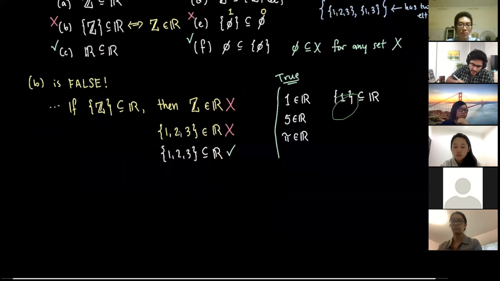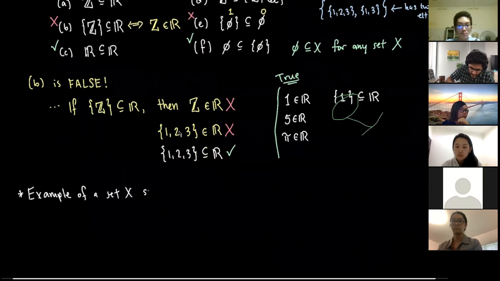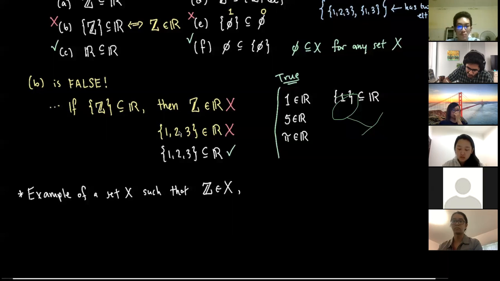Can somebody give me an example of a set X such that Z is an element of X and the set containing Z is a subset of X? No, that's not good. Z is an element of X. And let's say, what's a good example here?